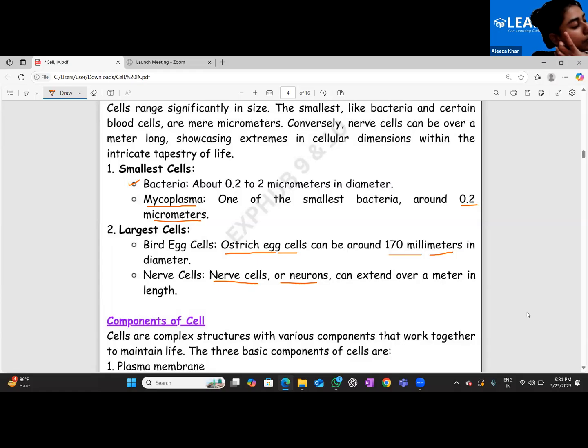Okay, if I ask about the physical appearance, what happens in boys and what happens in girls? The voice changes in boys, and there is acne, a sudden increase in height, growth of facial hair in boys, and development of sexual organs. Voice deepens in boys, while in girls it becomes shriller.